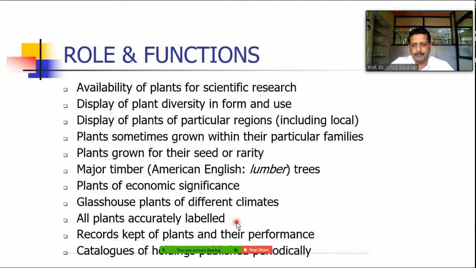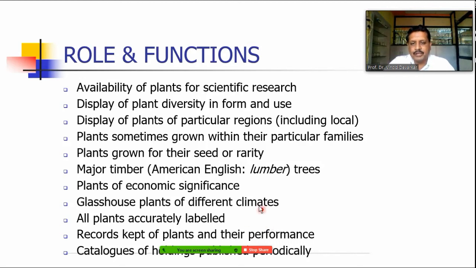Records are kept of the plants and their performances. So it is a study purpose where databases can be prepared, because these plants are planted in gardens and are always under observation, so that databases and records can be prepared for the performance of such species.